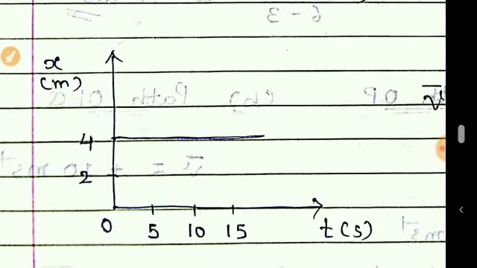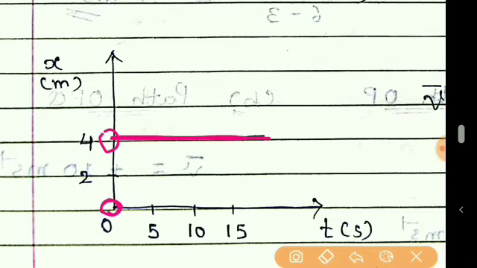Now if the slope is neither upward nor downward, it means the line will be horizontal. So here you can see that the line is horizontal. Now here, initially suppose the time is 0, at that time what is the position? It is 4 meter. After 5 seconds, once again what is the position? 4 meter.